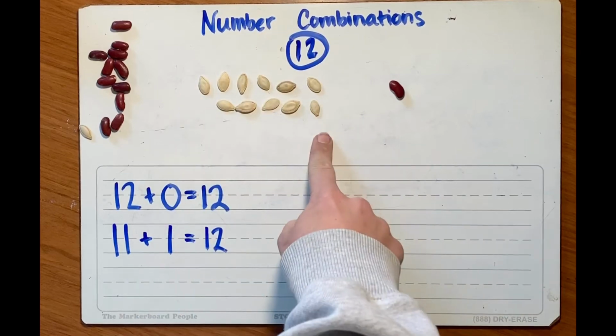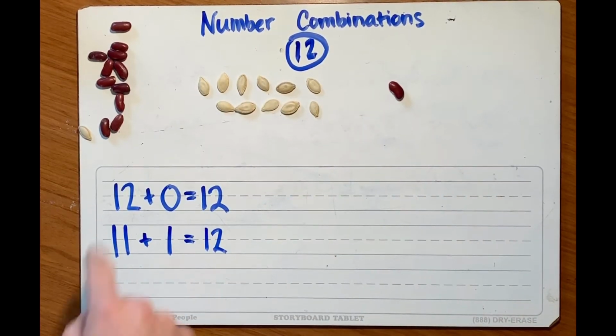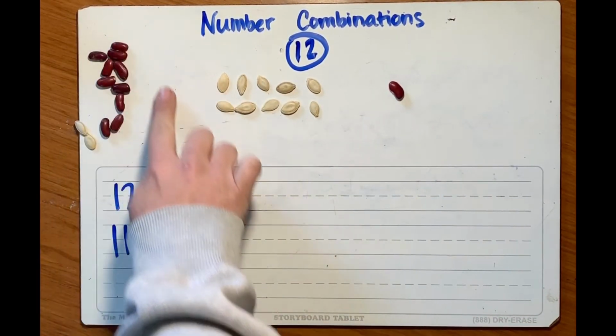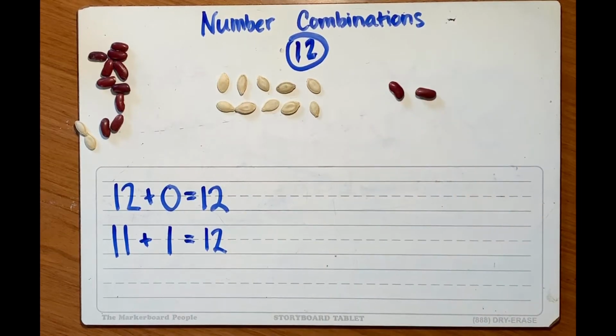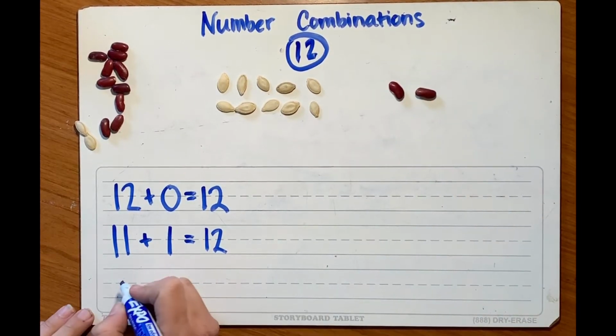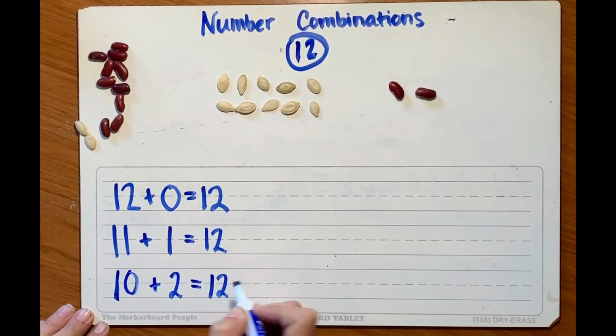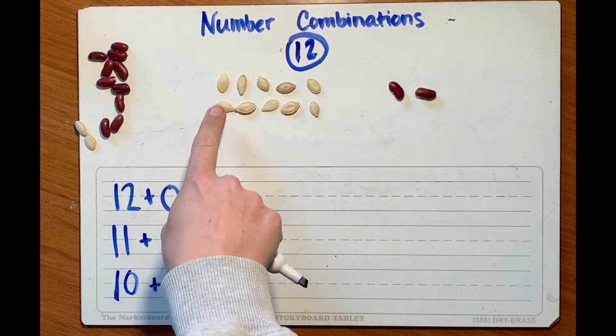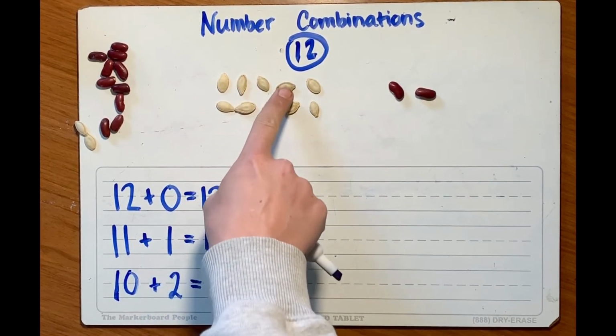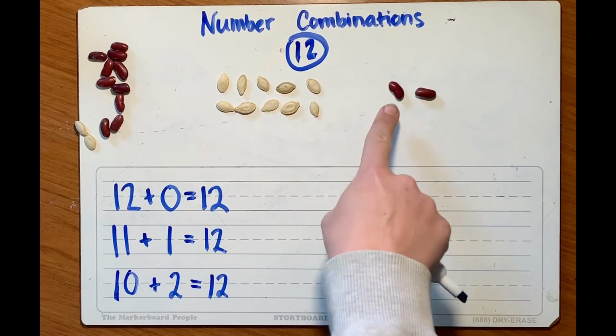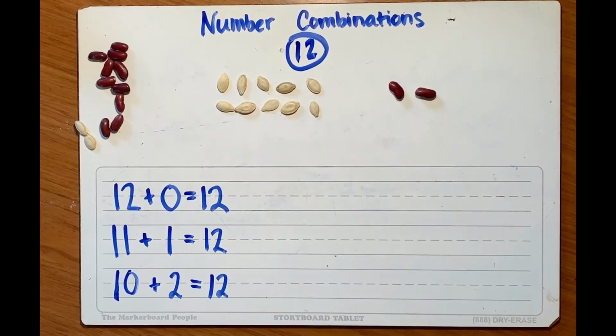We know we have 11. That's 12. A different combination to 12 is 10 and 2. But let's make sure. 1, 2, 3, 4, 5, 6, 7, 8, 9, 10, 11, 12.